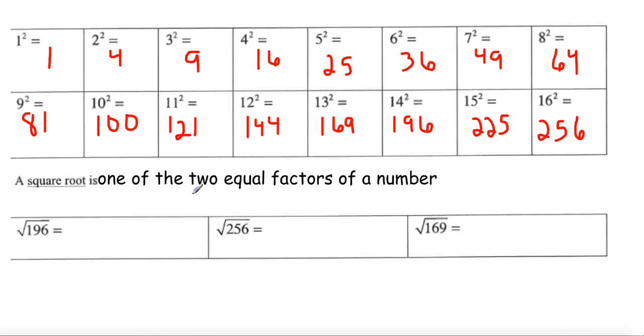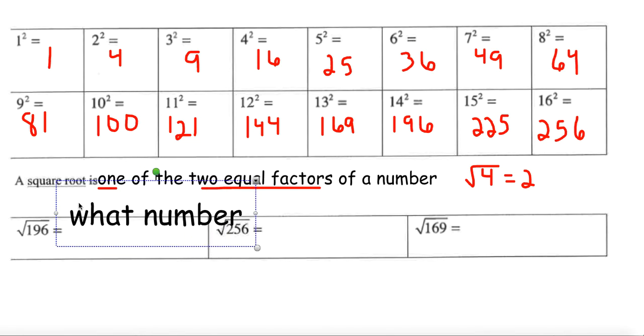Obviously there are factors that you multiply to make any number, but it's one of the two equal factors. So for the square root, that's the square root symbol, it's a radical sign. Square root of 4, I like to say what number times itself gives me 4, and I know that that's 2.